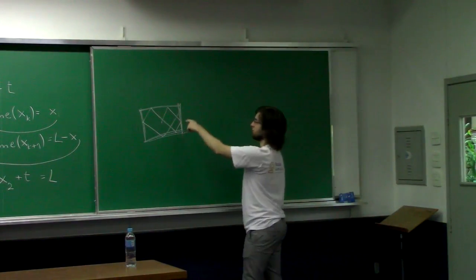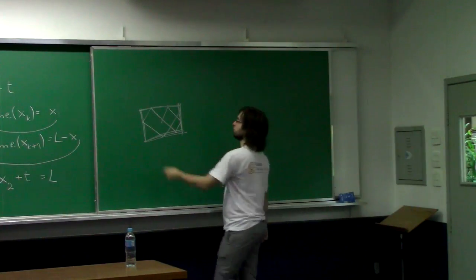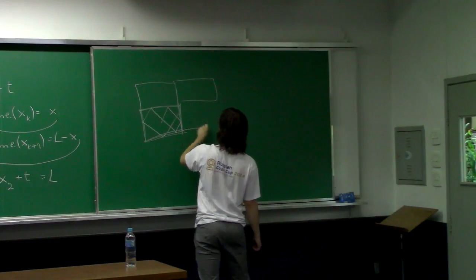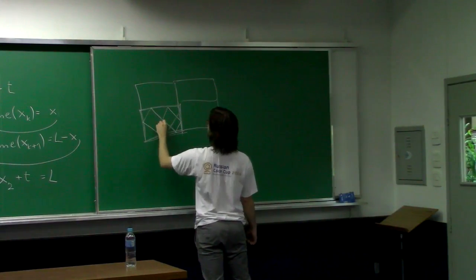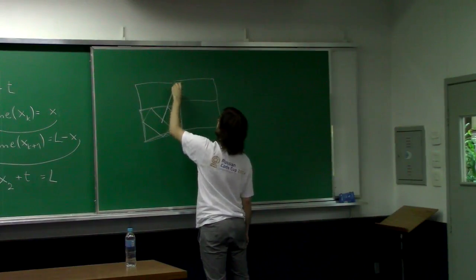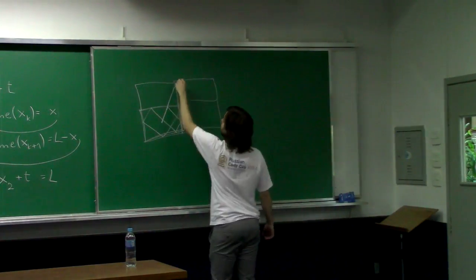Then instead of watching how the ray reflects, you could just reflect the room, and instead of assuming that the ray reflects, just let it pass through a reflection of the room.